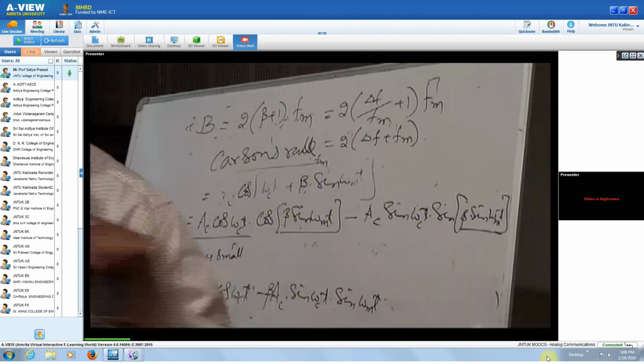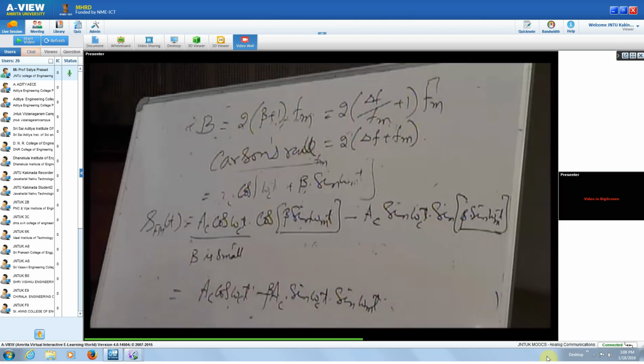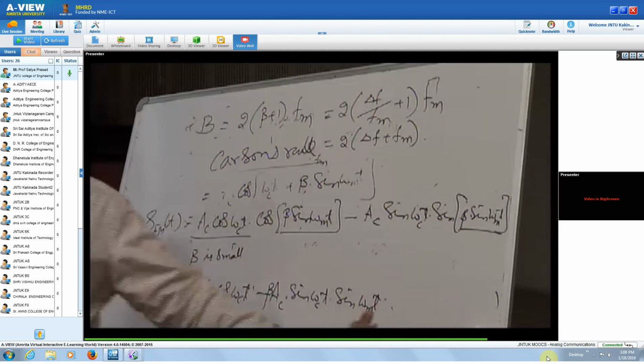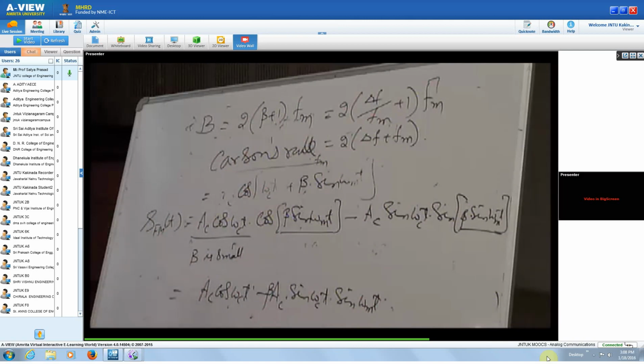If beta is small, this is what we have got: cos theta we have put as 1 and sin theta we have put as theta.